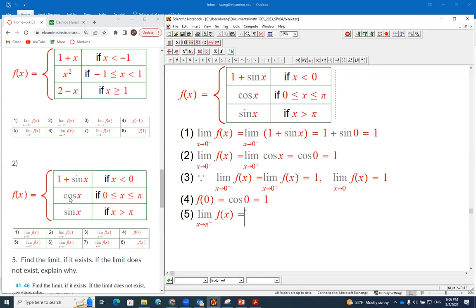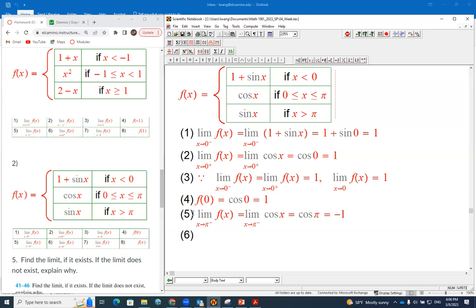So we're going to use this rule. The limit sign we'll keep, and we're going to use the rule in the middle, cosine x. Direct substitution, cosine pi is equal to -1, right?